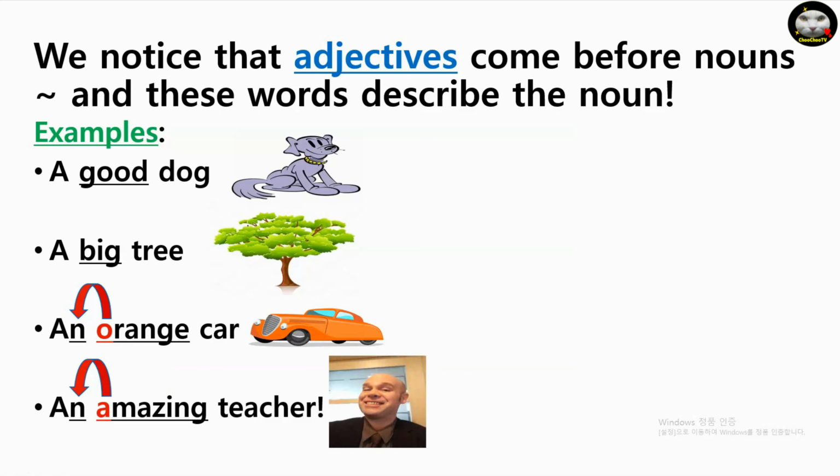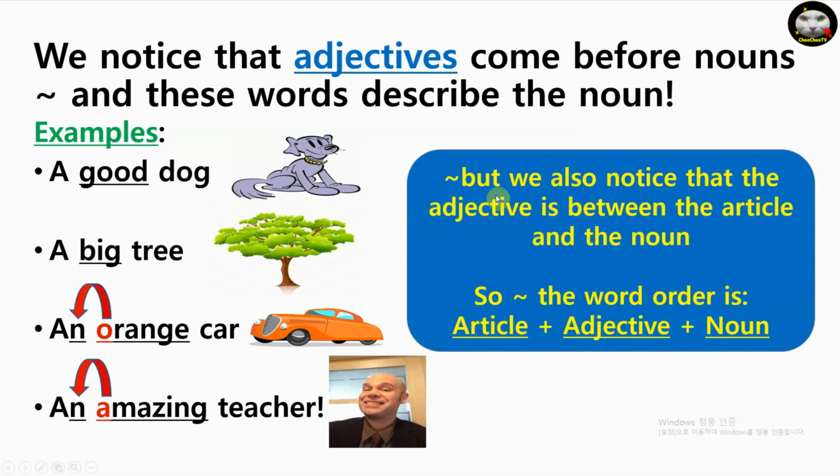But we also notice that the adjective is between the article and the noun. So the word order is article plus adjective plus noun. And remember, if the next word after an article starts with a vowel sound, the article gets an n.